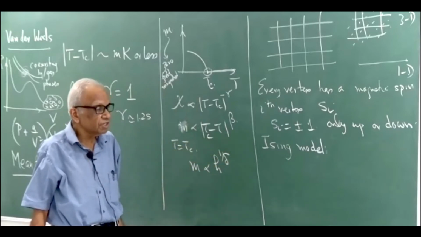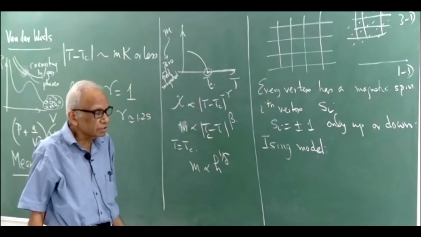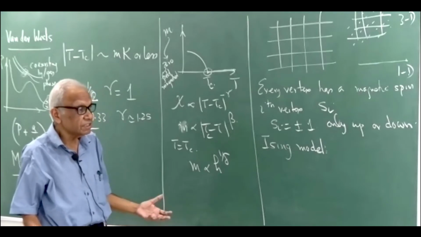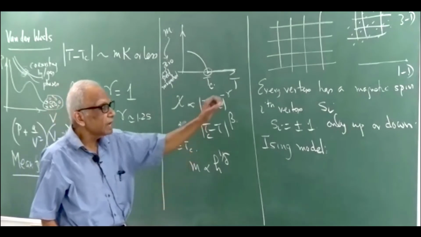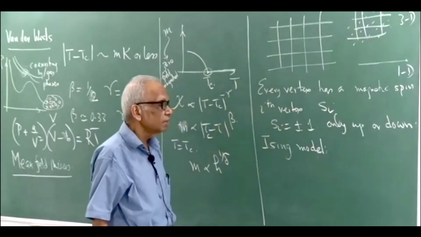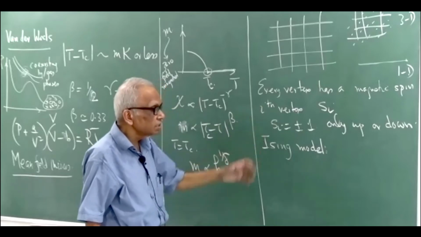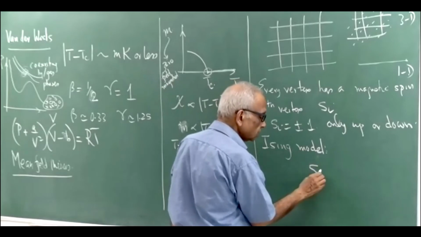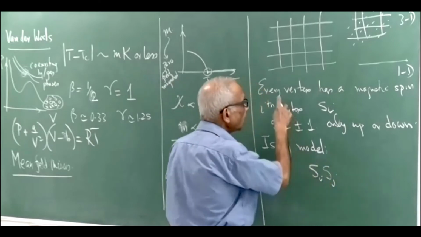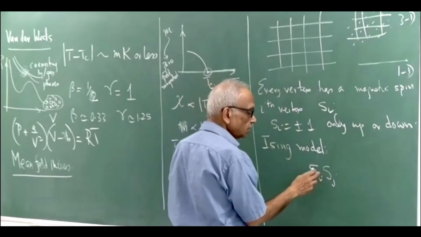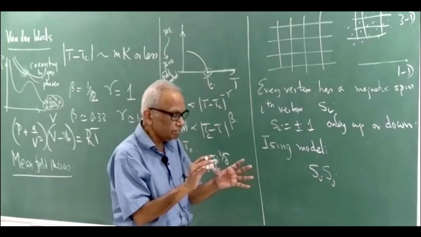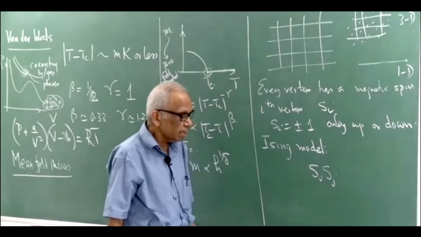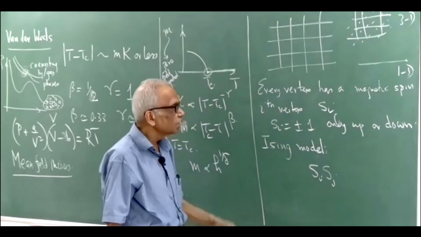And what is the specification of the Ising model? The specification is that I want to see the magnetization set in this problem, and I have a local interaction among the spins. The local interaction is a nearest neighbor interaction, so it is S_i S_j. The i and j are sites. Imagine, so that I don't have to write too much, these i's and j's are actually vector quantities.